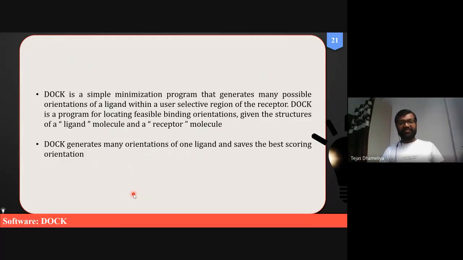So our major part will not be to learn how these softwares are working. We are not interested in how the softwares are working. We are interested in how we can deduce some information when a ligand binds with the receptor. Because we are scientists, we want to develop certain medicines through this kind of computer-aided drug design.